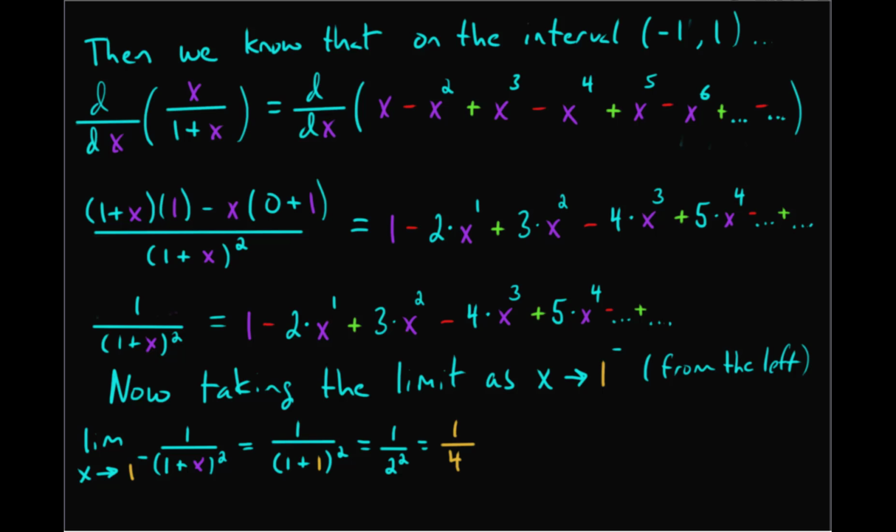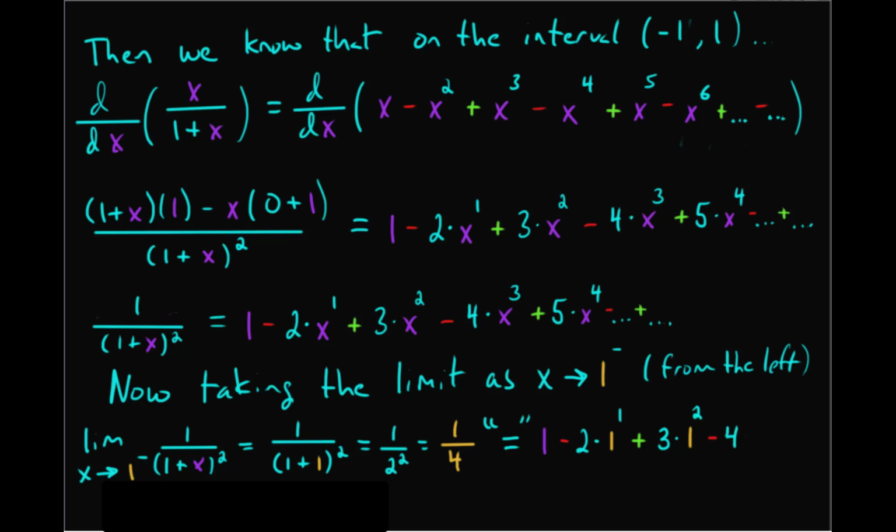And now we know that the series diverges when we set x equal to 1, but nonetheless we can define this finite value 1/4 to be equal, and I put it in quotes, equal in our generalized sense to the value of the series 1 minus 2 times 1 to the first power plus 3 times 1 squared minus 4 times 1 cubed, and so on.